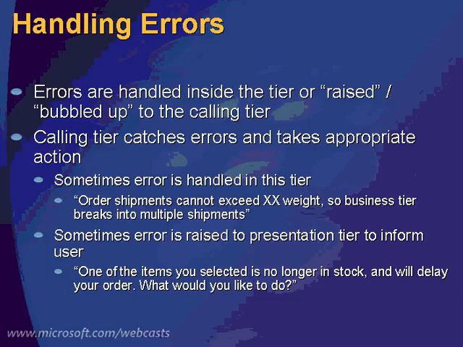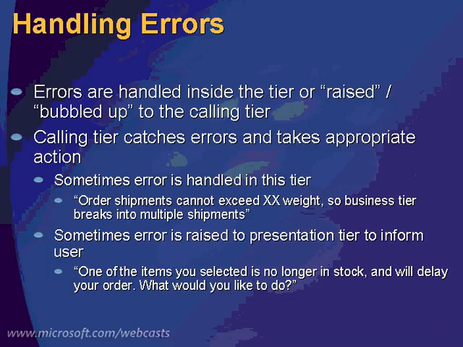So that's an example of not just a data-related error, but maybe a business logic that needs to be implemented. Because for some reason your company can't ship out orders that exceed a certain weight. And so therefore, the business tier will actually break that into multiple shipments before it adds it to your data source or something of that nature.